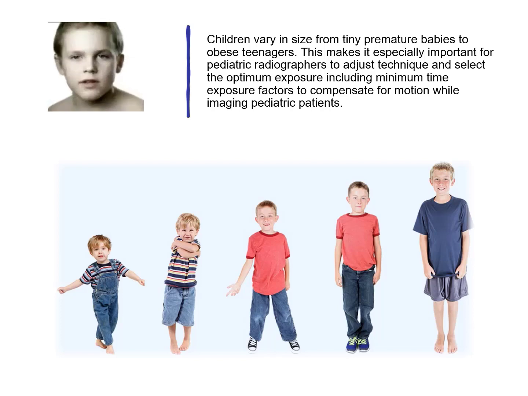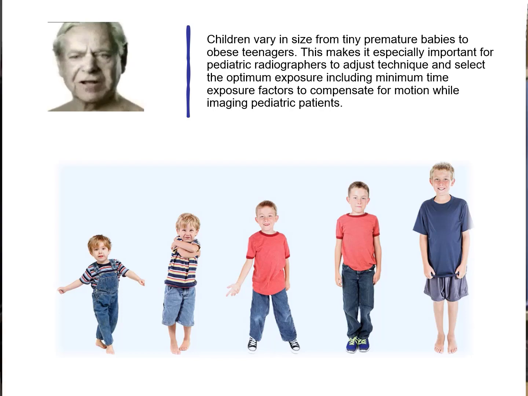Children vary in size from tiny premature babies to very obese teenagers. This makes it especially important for pediatric radiographers to adjust technique and select the optimum exposure, including the minimum time for exposure, to compensate for the motion that may occur while imaging pediatric patients.